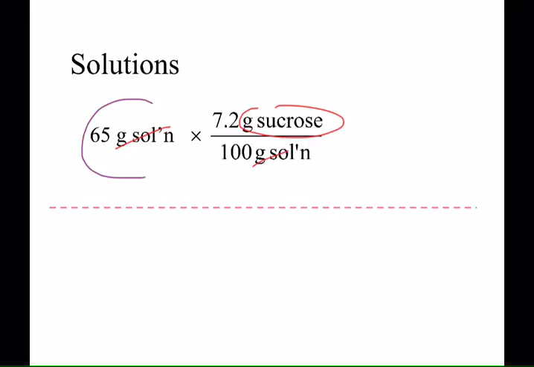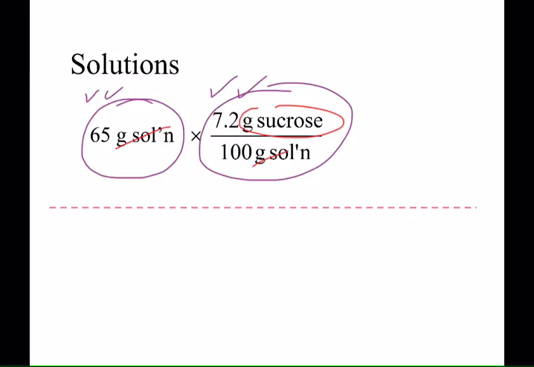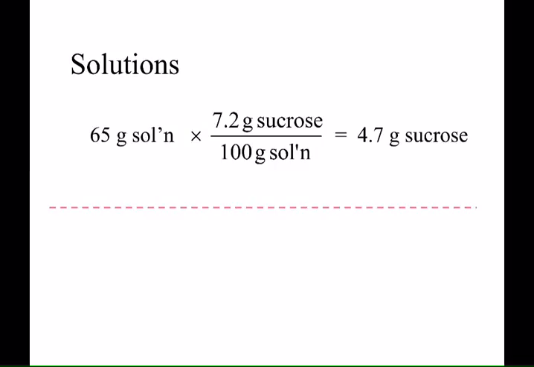Is there uncertainty brought by the term we want to convert? Yes, there are 2 sig figs there. Is there uncertainty brought by the 7.2? Yes, 2 sig figs there. And this 100, there's no uncertainty brought by that, that's by definition. So our answer of grams of sucrose, rounded to two significant figures, is 4.7 grams of sucrose.